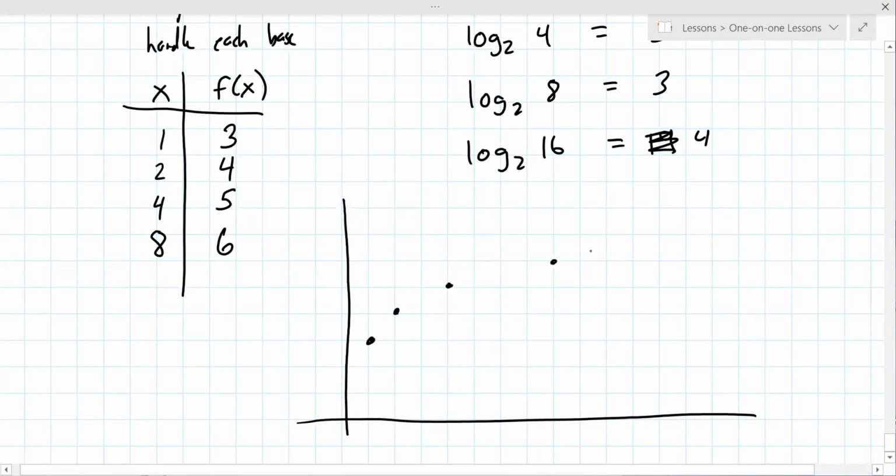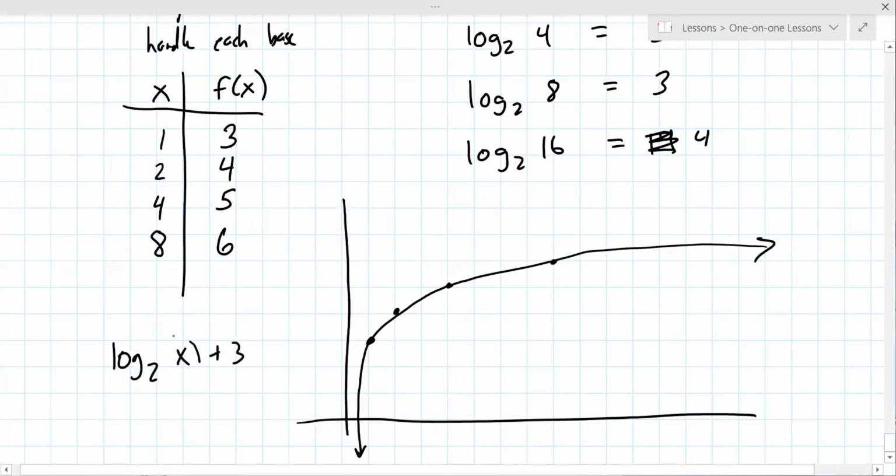You can't see it, but this thing curves like that. And if you look back at the original function, log base 2 of x plus 3, this plus 3 just means it's up 3 units from the original parent function. Whereas number 26 is a different kind of shift.